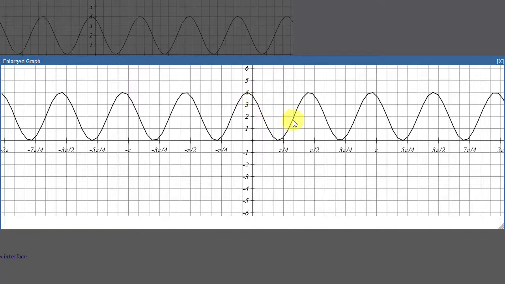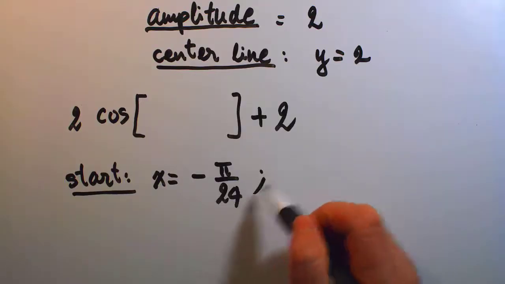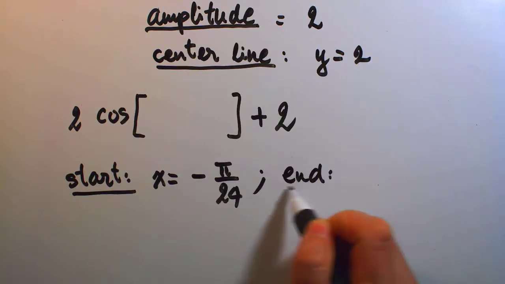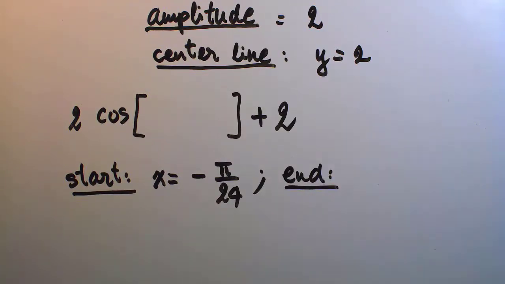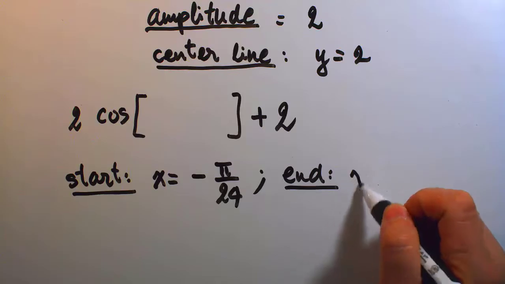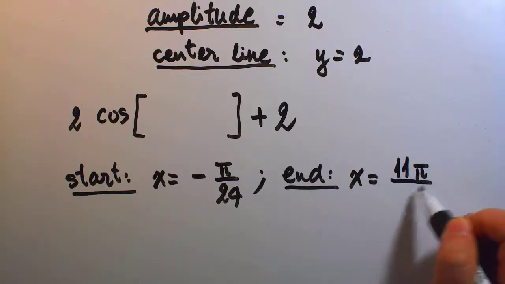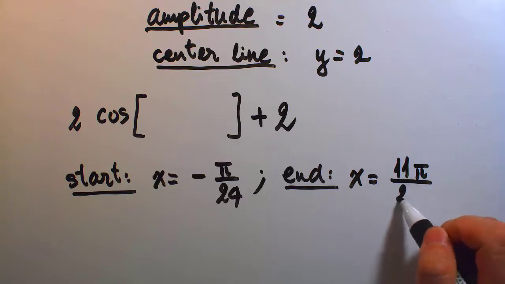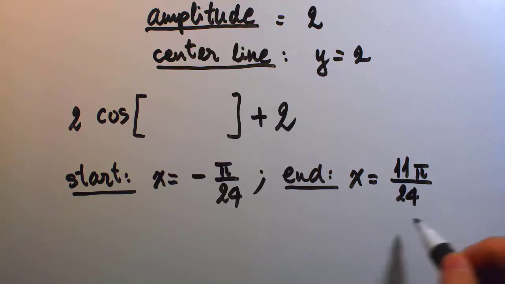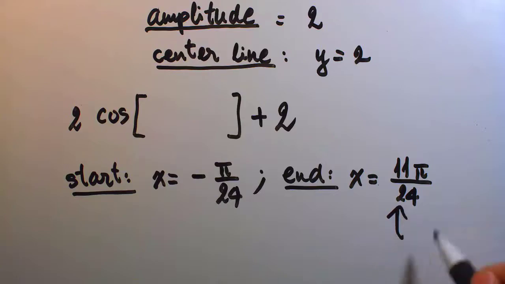And then on the other end right here, calculations show it should be 11 pi over 24. Or we can think of this as a quick note right here.